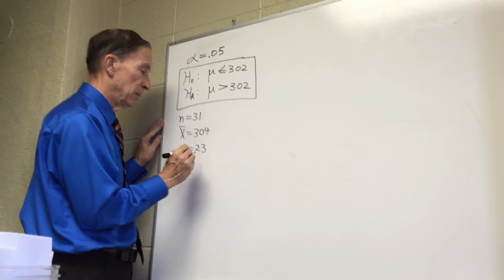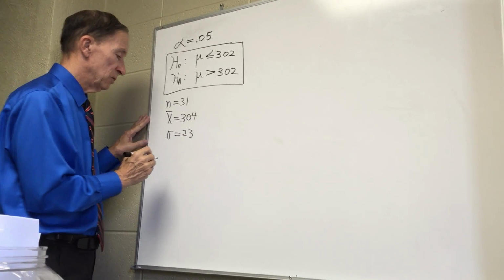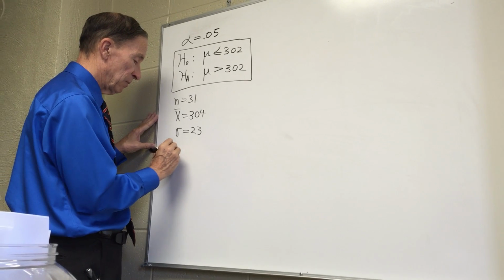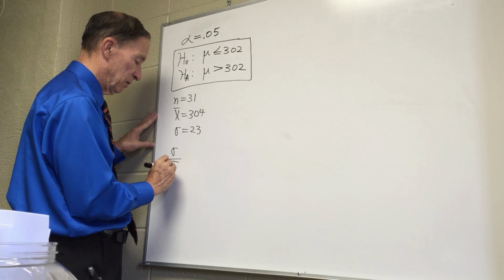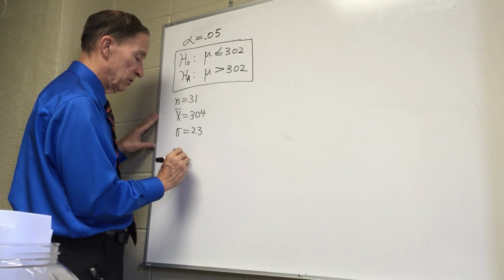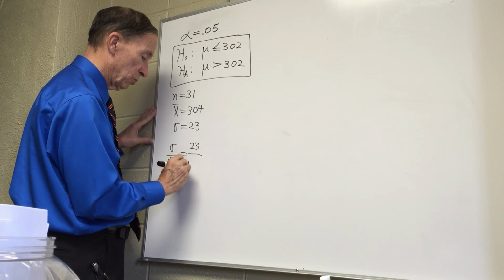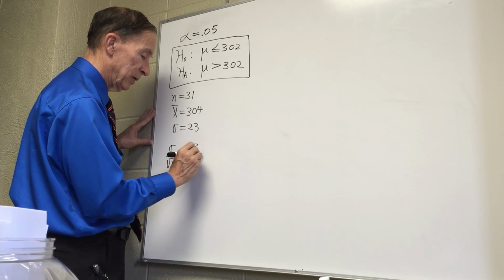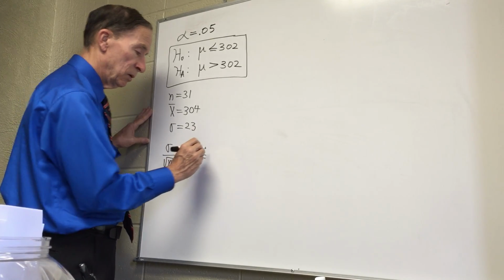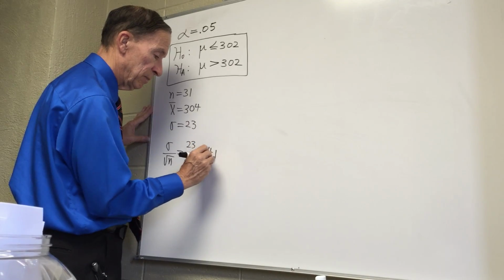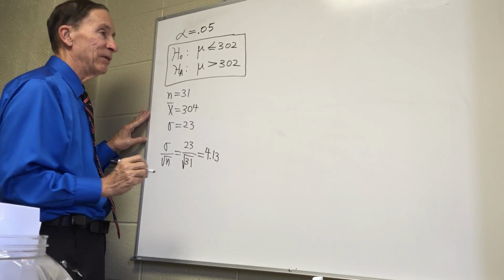One of the first things we want to know is sigma over the square root of n, because we're going to need that later. So let's calculate that. It's 23 over the square root of 31, which comes to 4.13.